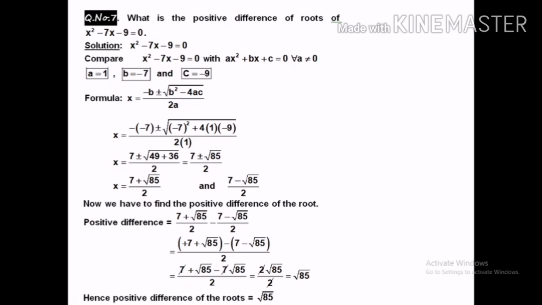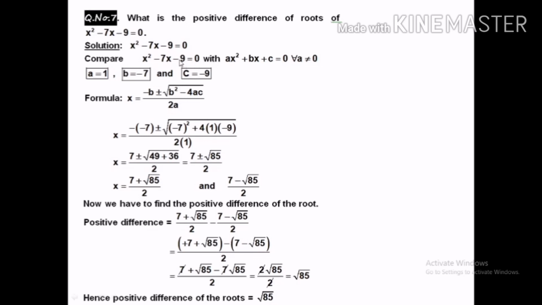Next come to question number 7. What is the positive difference of the roots of this equation? To find the difference of the roots of this equation, first of all we solve this equation. We can do it by any method, there is no restriction on the first, second or third method.